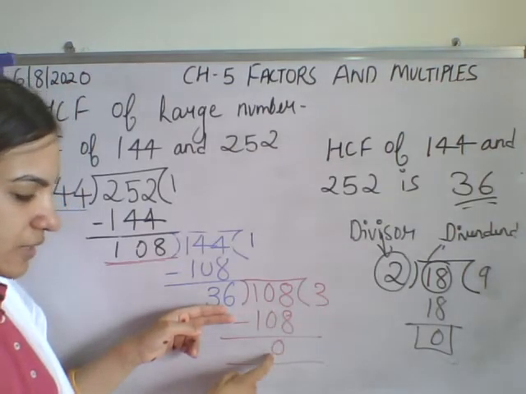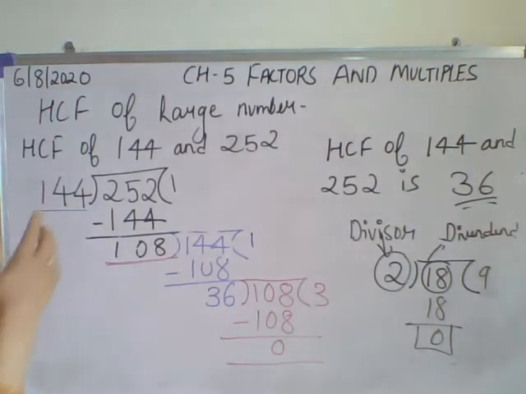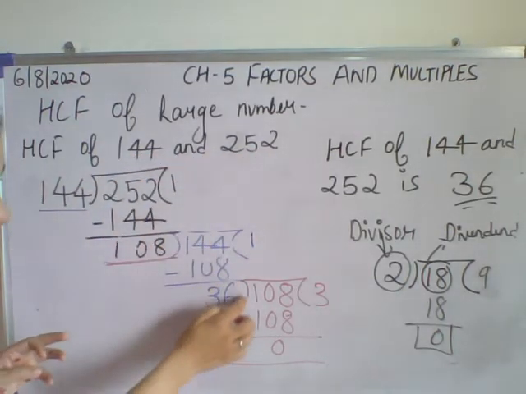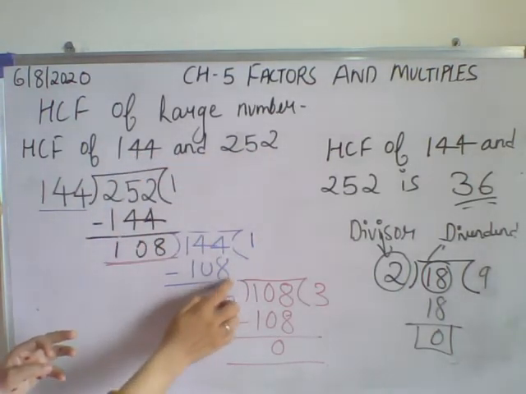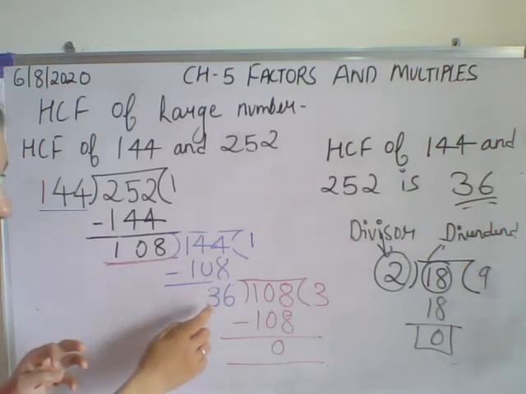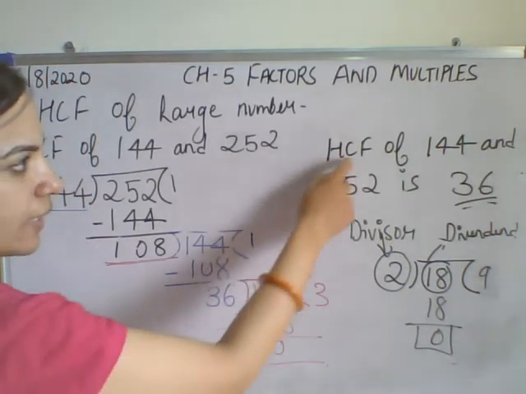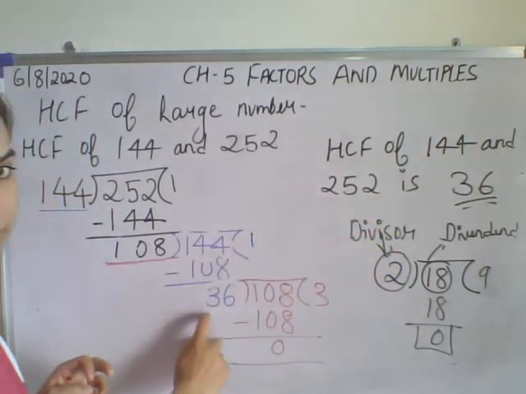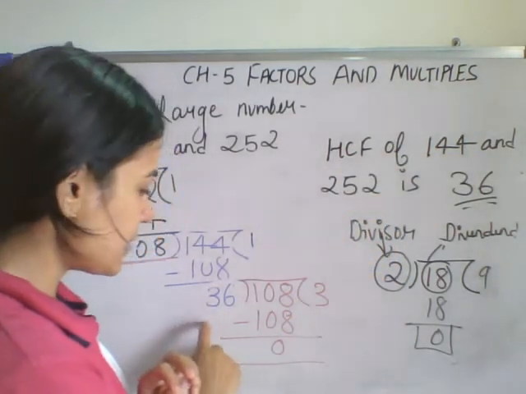Now the remainder is 0. Now what is the HCF of 144 and 252? The last divisor. What is the last divisor? It is 36. So the last divisor is the HCF of 144 and 252. So your answer will be 36.